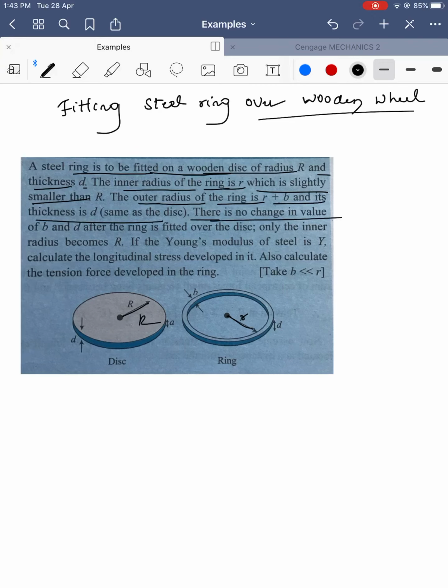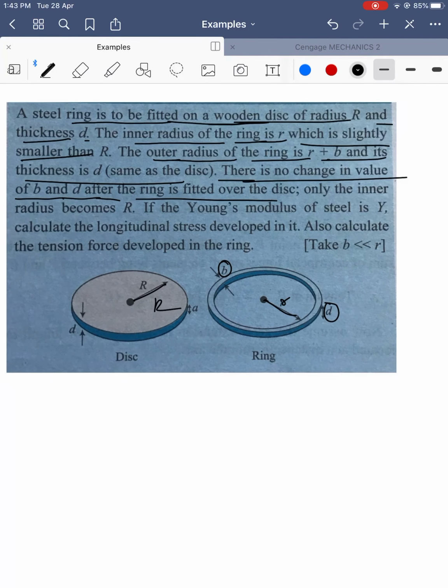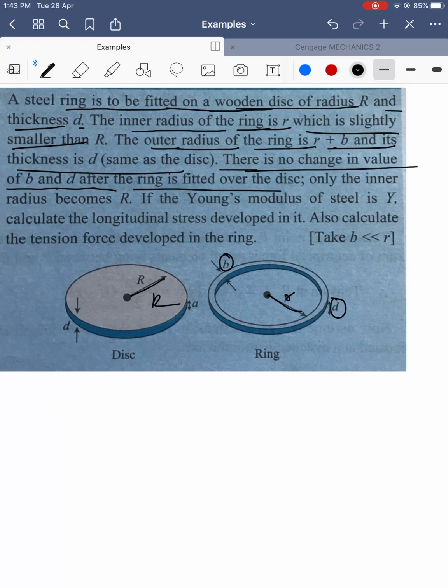There is no change in the values of b and d after the ring is fitted. So here is b and here is d. Only the inner radius small r becomes capital R.